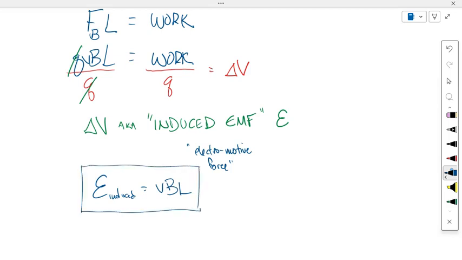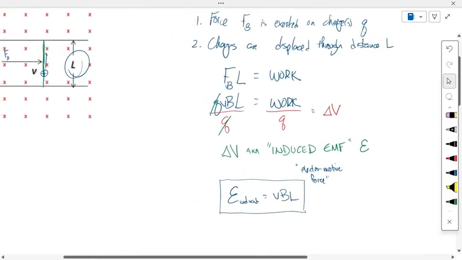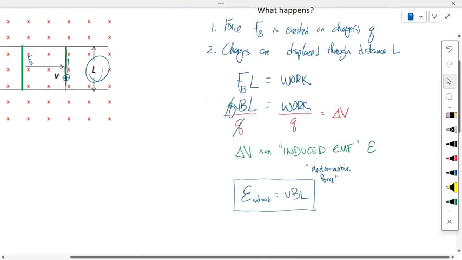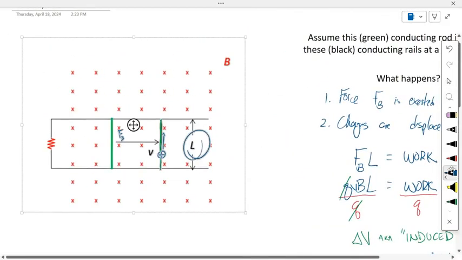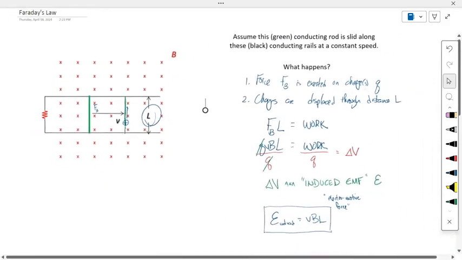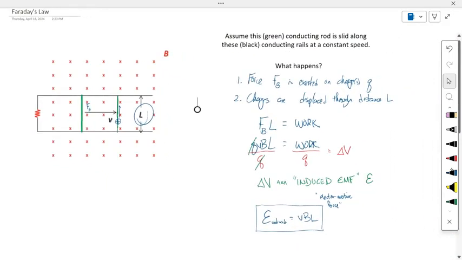So when you slide a conductor across a magnetic field, in such a way that there can be forces exerted on charges, you basically turn that conductor into something like a battery.